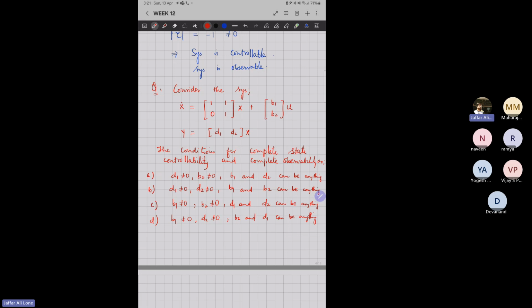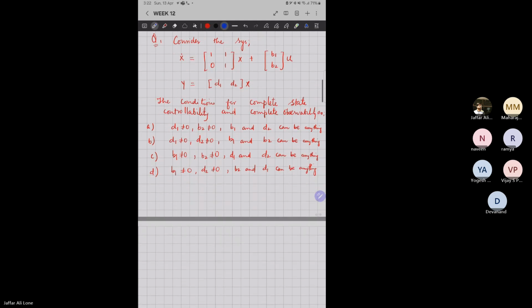Yes, please solve it and tell me the solution. What did you get as the determinant of mathcal C?